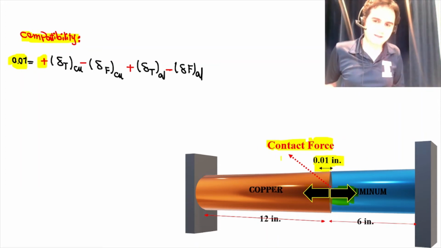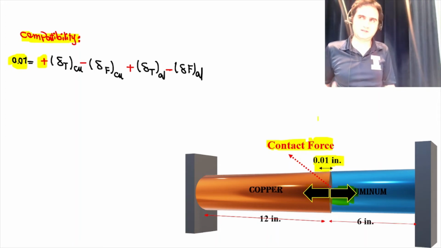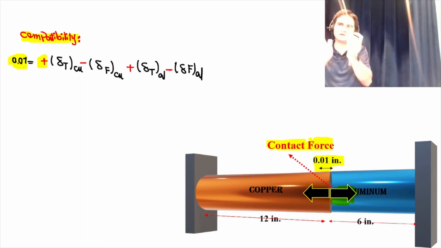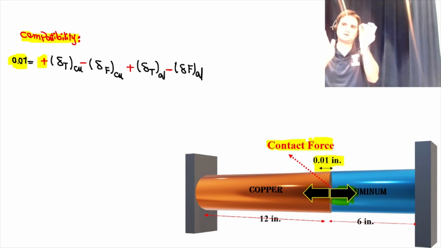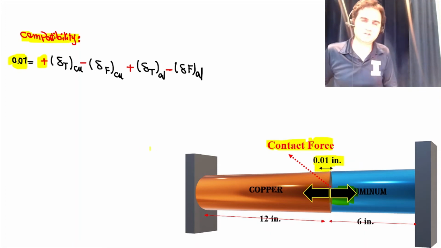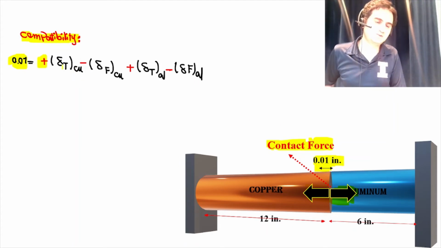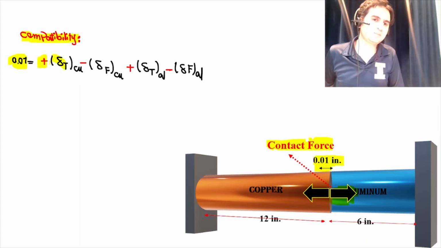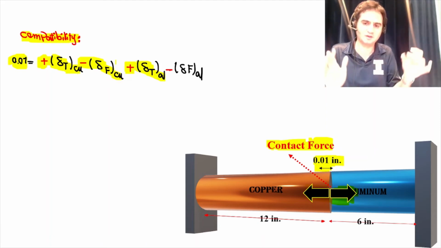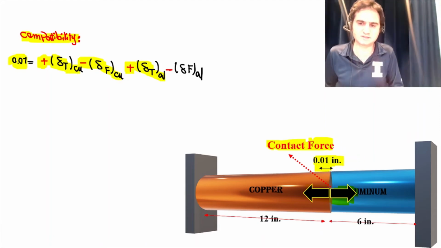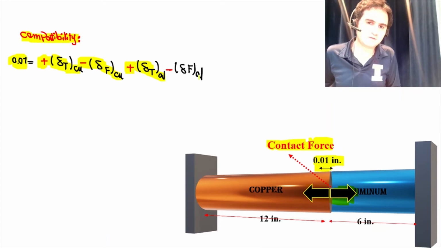At the beginning of the problem we have the opening, and gradually increasing the temperature from 60 to 300 should close the gap and develop the contact force as well. So that's due to positive delta temperature for copper, positive delta temperature for aluminum, minus the contact force. As you can see, it pushes both materials, copper as well as aluminum, minus delta F for aluminum.